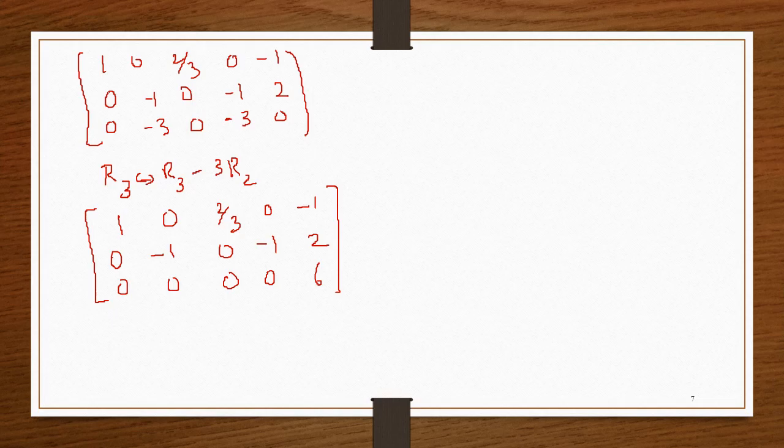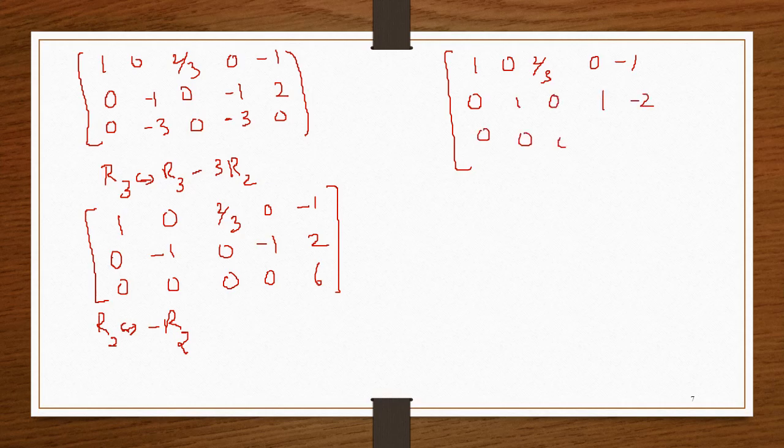Next, let us take R2 as minus of R2. After doing this, we'll get a matrix which is equal to 1 0 2 by 3 0 minus 1, 0 1 0 1 minus 2, 0 0 0 0 6.